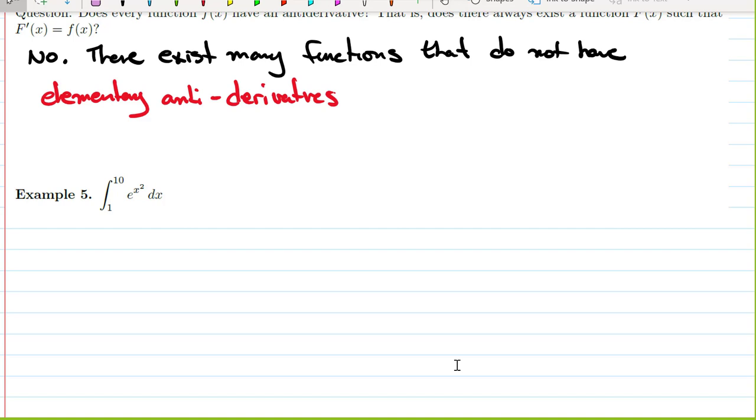So it turns out that this function does not have an elementary antiderivative.